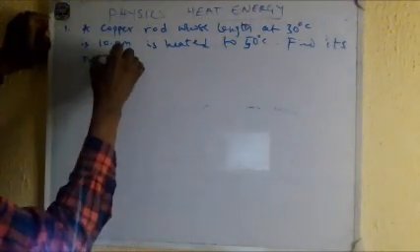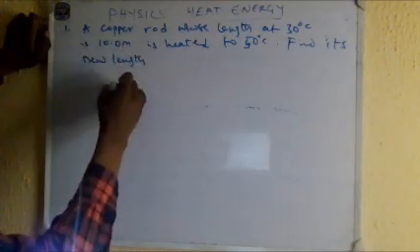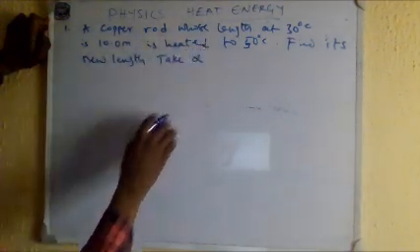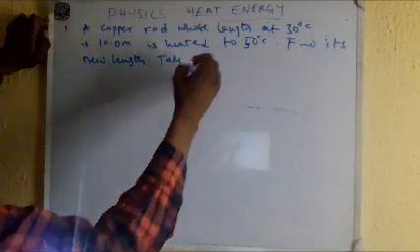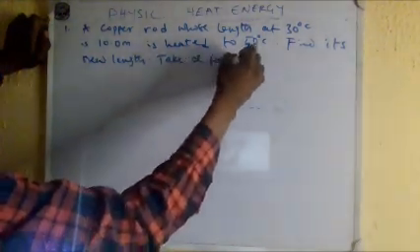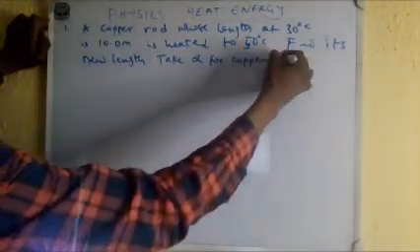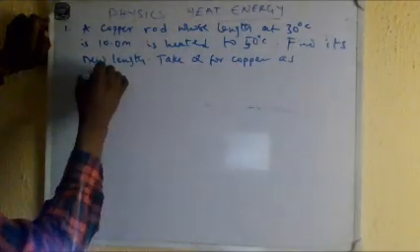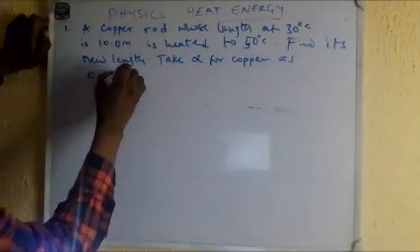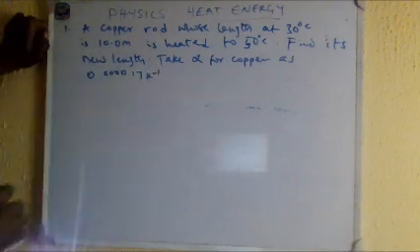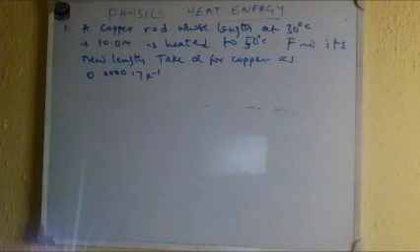See the word they are using? New length. Then take linear expansivity for copper. For copper, I told you that linear expansivity is a constant as 0.000017 per Kelvin. See how they write the units per Kelvin.